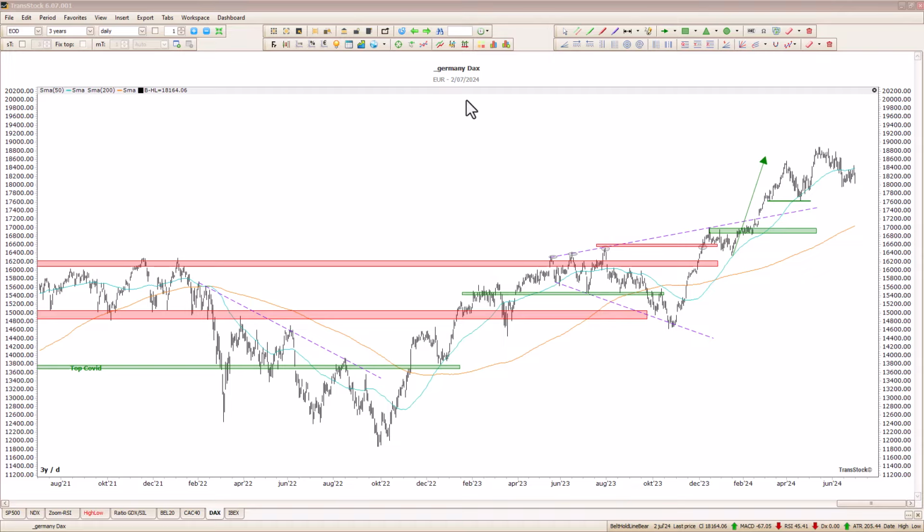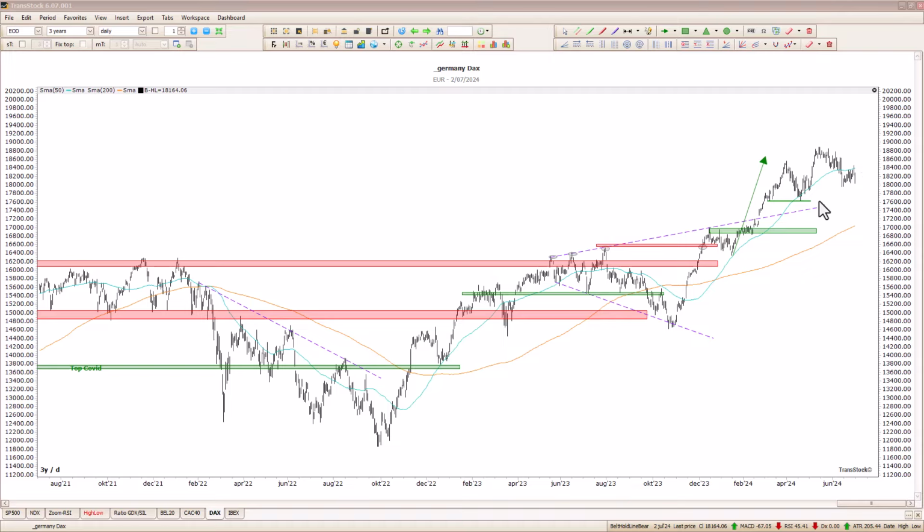Next, Germany's DAX. It's performing okay, but you see the index falls below its 50 days moving average. In the past, this average works really well. So I hope to see a move soon back above this 50-day moving average.